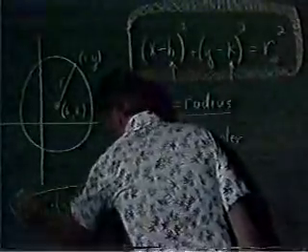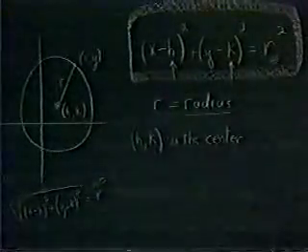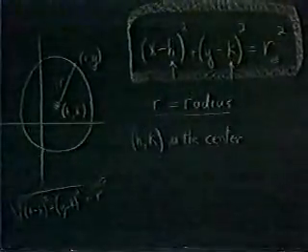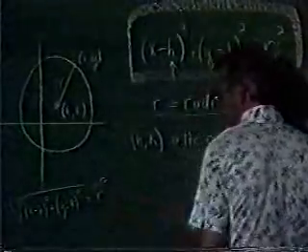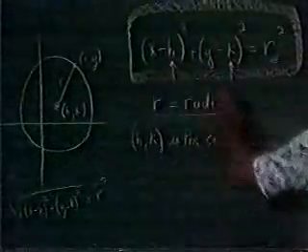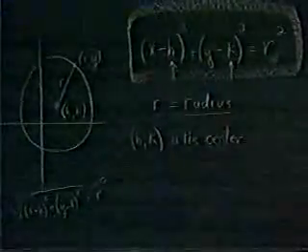You square both sides, you get rid of the square root sign, you get r squared, and that's the definition of a circle. All points are the same distance away from a fixed point. The fixed point is the h, k. The distance away is the r. So we get this form for the equation of a circle.